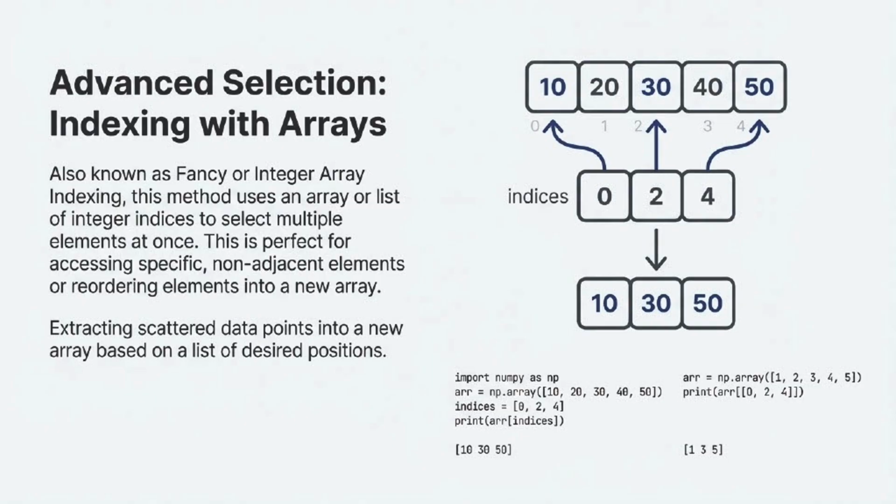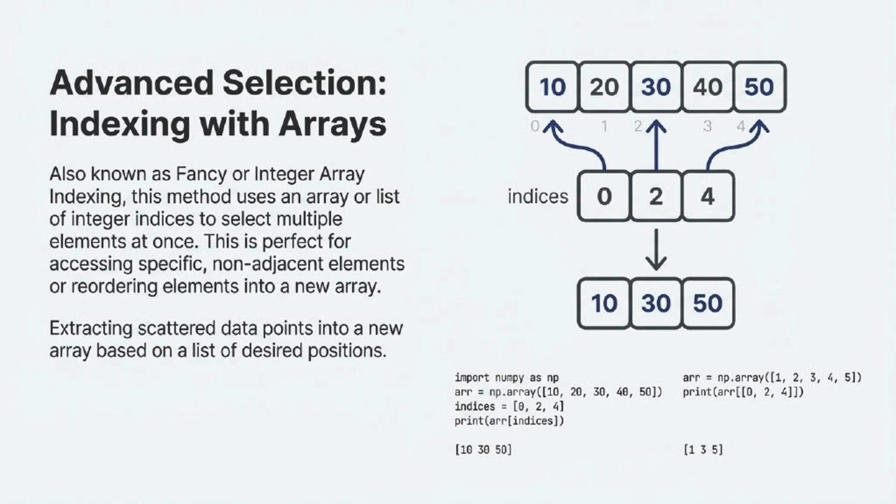Indexing with arrays lets us pick multiple elements from different positions at the same time. It is useful when the values you need are not next to each other. NumPy is imported and an array arr is created with values 10, 20, 30, 40 and 50.